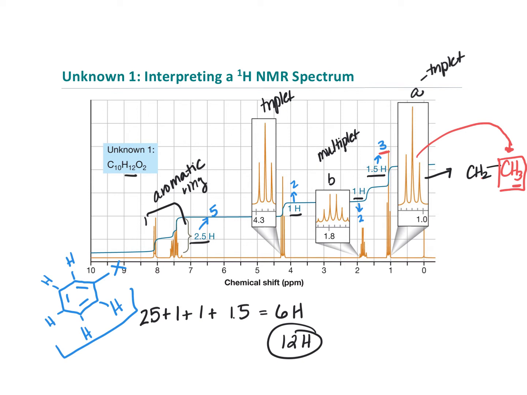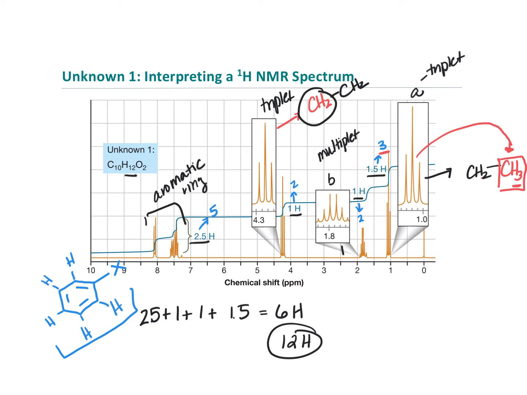Over here, this is also going to be next to 2 hydrogens. It's not going to be split in any way, it doesn't look like. So this is a CH2. And I bet it is next to a CH2 as well, if I had to guess. And so there's the red peak there.